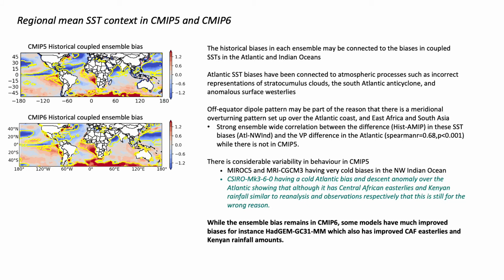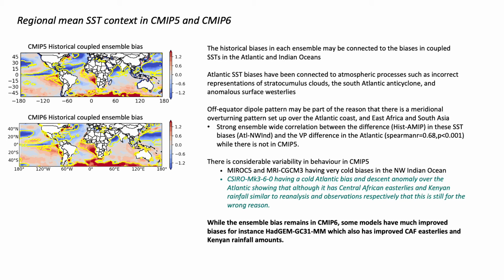So the historical biases in these ensembles may be connected to the biases in coupled sea surface temperatures in the Atlantic and Indian Oceans. Atlantic sea surface temperatures and their biases have been looked at quite a bit in CMIP5 and been connected to atmospheric processes and biases that exist in the AMIP simulations, such as incorrect representation of stratocumulus clouds, the South Atlantic anticyclone, and anomalous surface westerlies in the Atlantic.